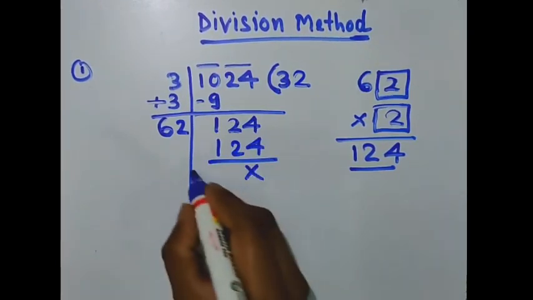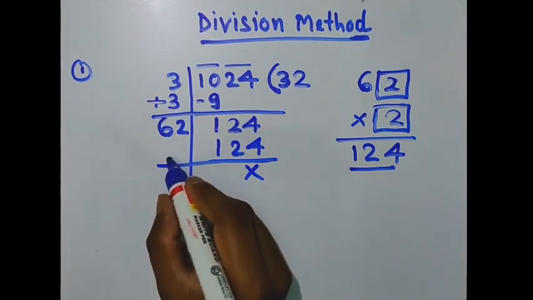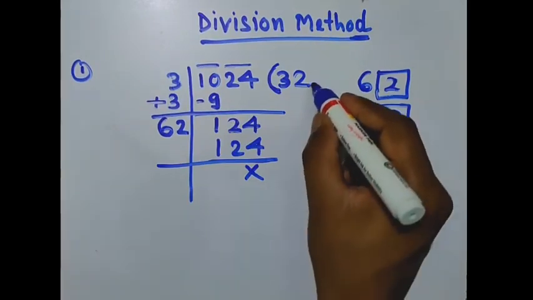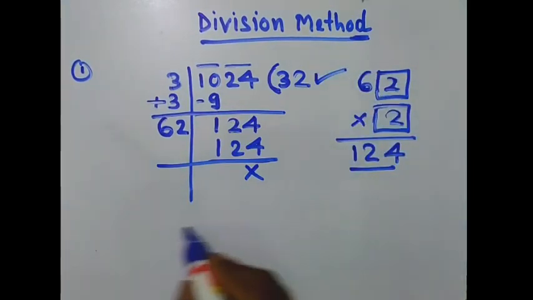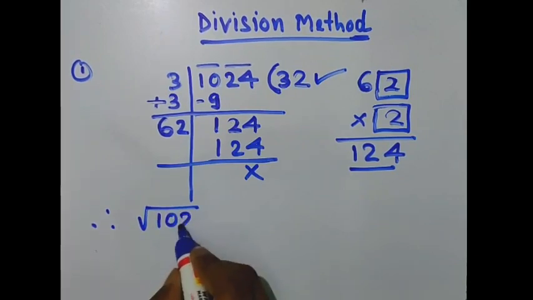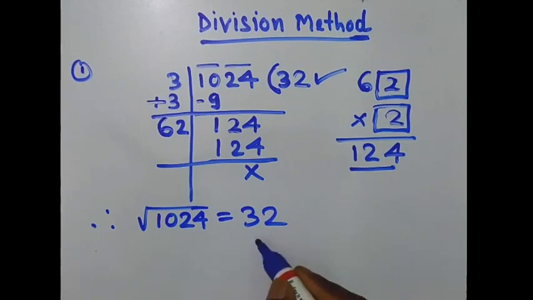So finally we have finished the division. No need to go any further because we have no remainder left. Therefore the square root of 1024 is equal to 32, and in the previous example we also got 32. Is this clear? Okay, let's take one more example.